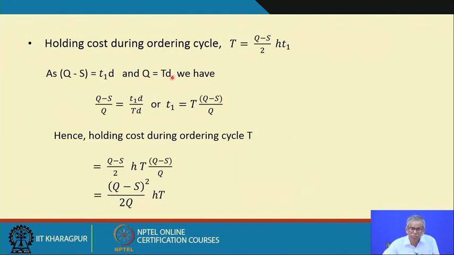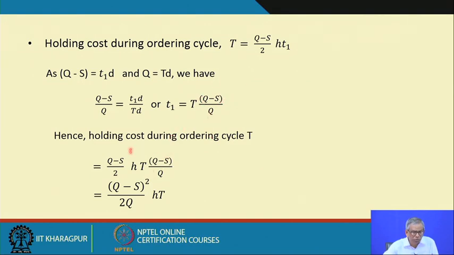So Q is equal to capital T into D. Now we have (Q minus S) by Q is equal to T1 into D by T into D. That means we get the proportion, Q minus S over Q, equals T1 into D divided by Q, where Q is equal to capital T into D. So we have an expression for T1 in terms of capital T, Q and S. So this is the expression.